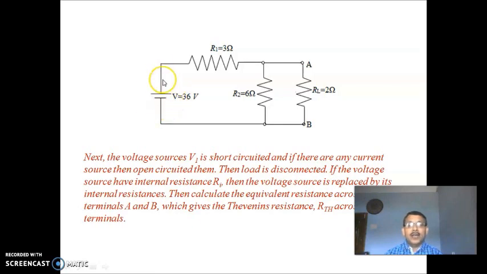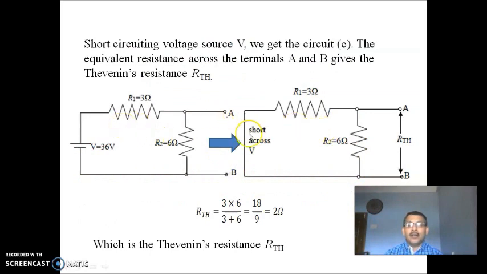Here there is no internal resistance, therefore it is short circuited. Then the circuit becomes like this. Now, short circuiting voltage V, we get this circuit, and then we have to calculate the equivalent resistance across A and B. Here these two resistances R1 and R2 are in parallel. Therefore the equivalent resistance will be 18 by 9, which is 2 ohm. That means the Thevenin's resistance is 2 ohm.